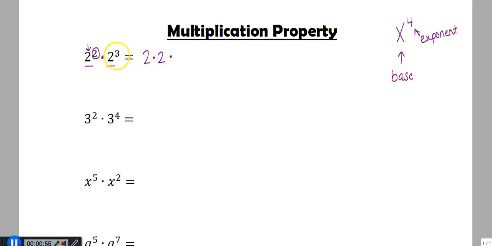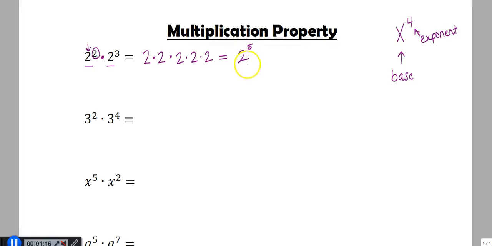That's being multiplied to 3 2's. If I combine all of that back together, what I really have is a base 2, and then I have 5 of them. So I have 2 raised to the 5th power.